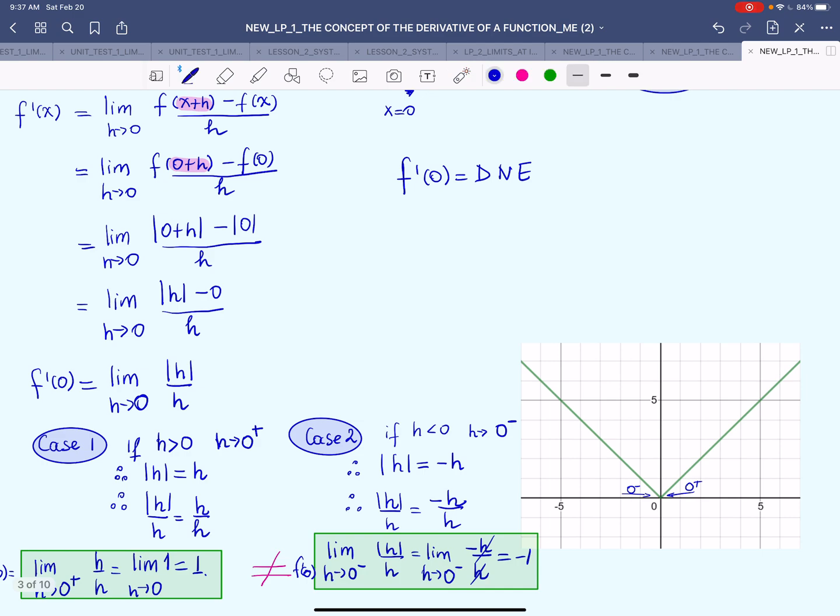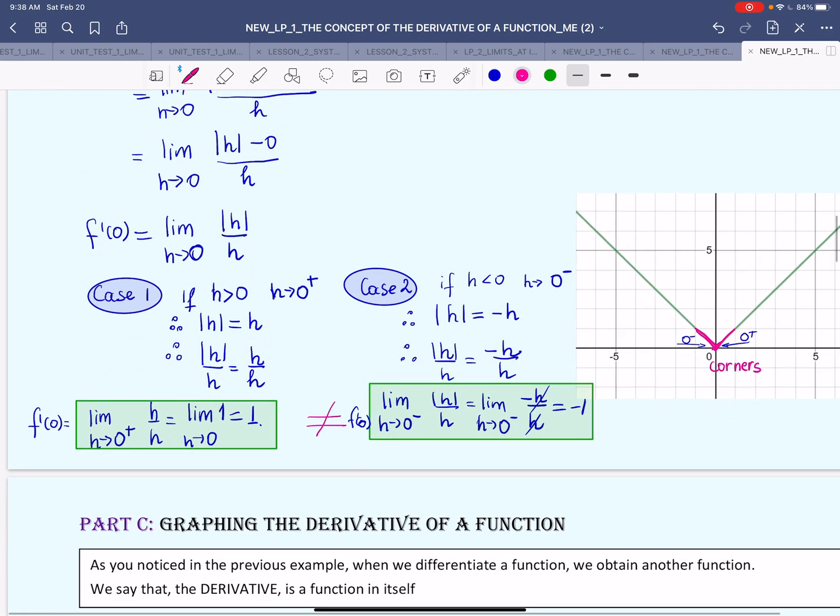Now, in calculus, these kinds of points, like 0 for absolute value of x, are what we call corners. And whenever the graph of a function has a corner, it will be non-differentiable at that corner, at that x value where the corner happens.